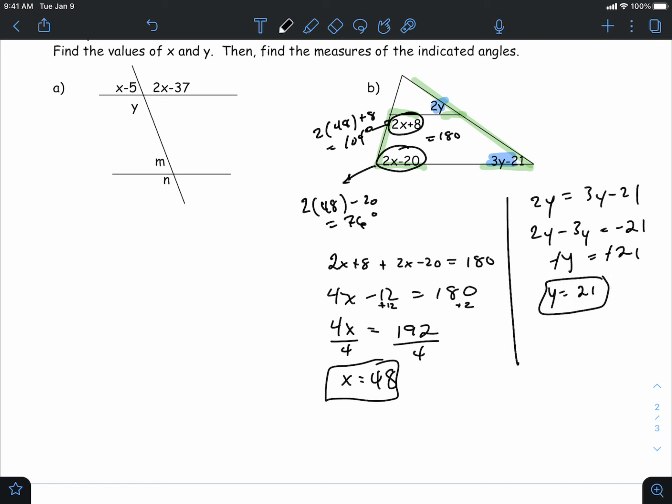Okay, and then we can go back to our triangle. We then know 2 times 21 should equal 42 degrees. And then here, 3 times 21 minus 21 would be the same thing, well, we know they have to be equal. We're just kind of proving it at this point. It has to be 42 degrees as well.